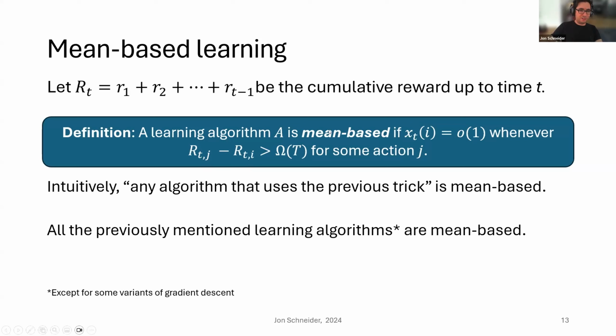There's a couple definitions of mean-based out there. This is a really weak definition that's good enough for everything in this talk. But intuitively, you should just think of any algorithm that uses the previous trick as mean-based. Any algorithm where one action is historically a lot worse than some other action, you'll just never pick the first action. Okay, and like I said, all the previously mentioned learning algorithms are mean-based, except for maybe some variants of gradient descent. And I'll mention this briefly towards the end of this talk.